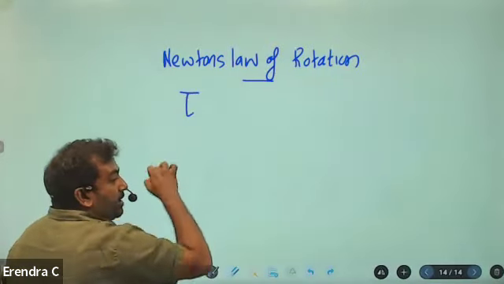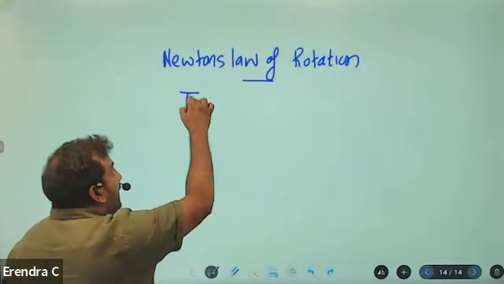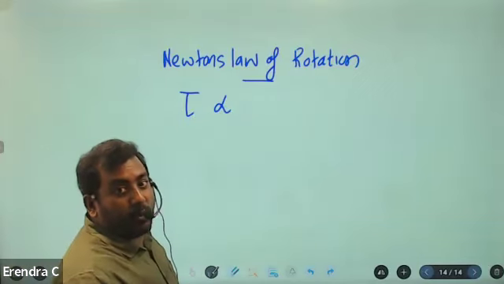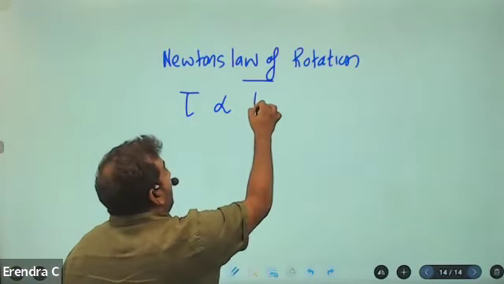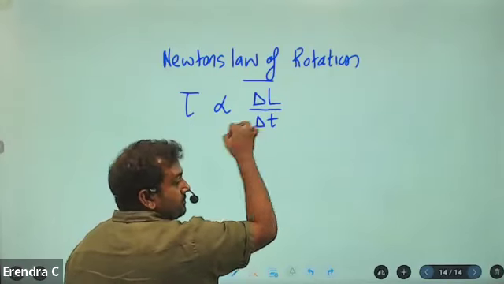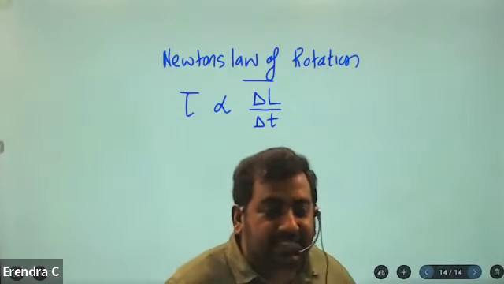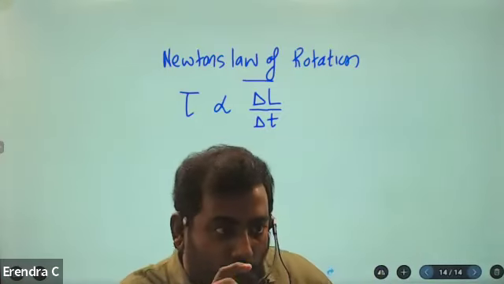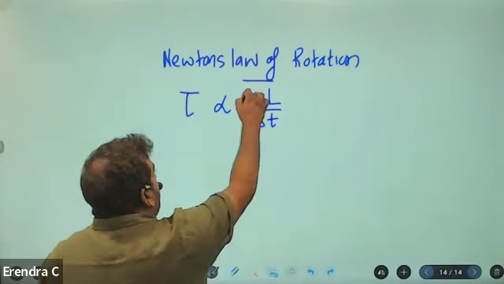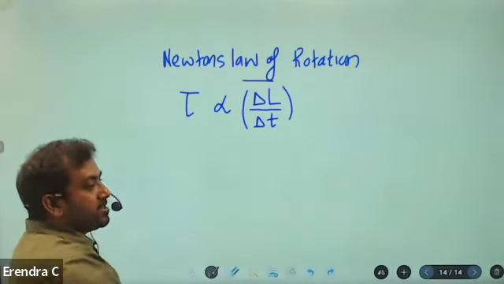External torque is directly proportional to rate of change of angular momentum. External torque is what? Moment of force. External torque is directly proportional to rate of change of angular momentum.